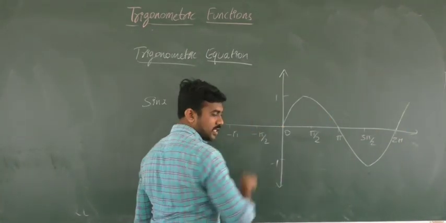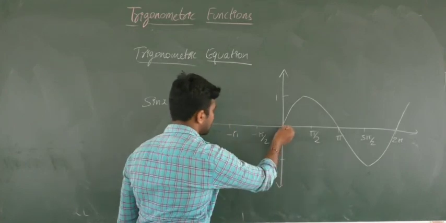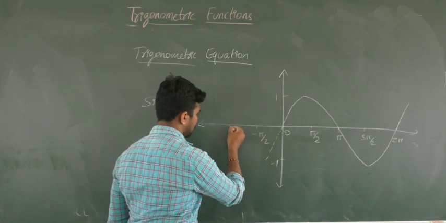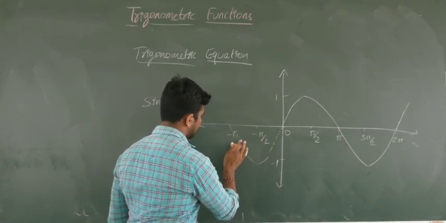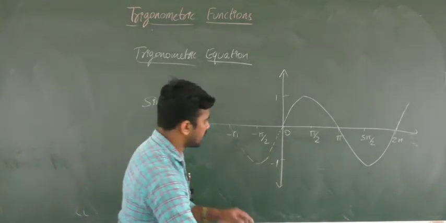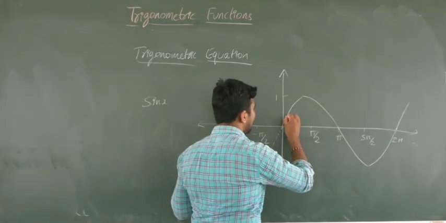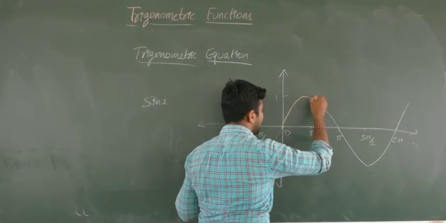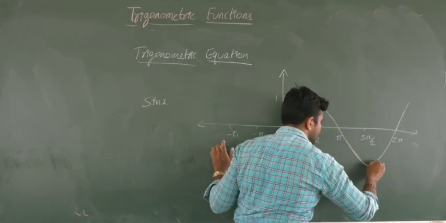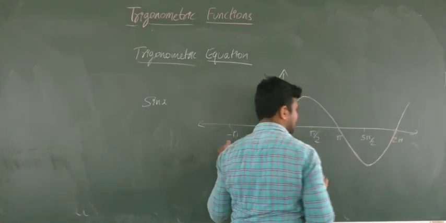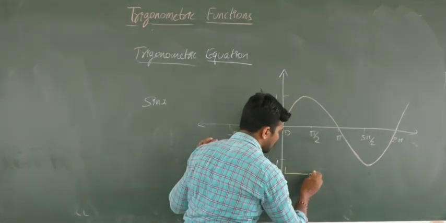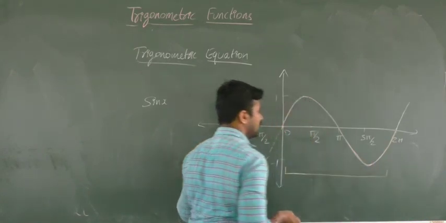Here also it continues after that. So this is a graph of the sine function. We can observe here that the value of the sine function gets repeated after the interval 0 to 2 pi. Means 2 pi is the period of the sine function, from 0 to 2 pi.